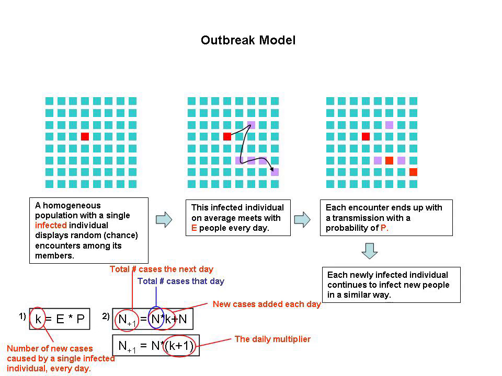Actually, if the k is a constant, which means that the behavior of the people in the society does not change and their interactions do not change, so the probability of transmission and average encounter does not change much. So k is a constant, which means that every day you multiply the number of infected people with k plus 1, and you find the number of infected people the next day.